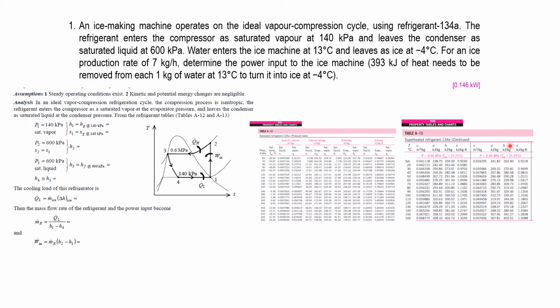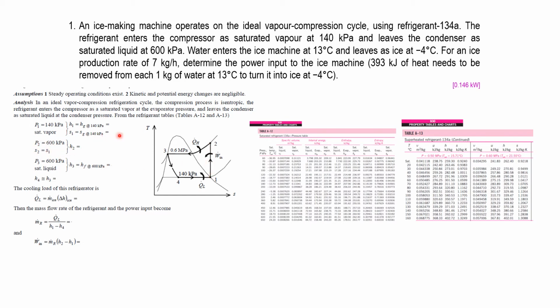So now how to find the value of H? If you still remember, we found the value of entropy here. Now if you look at your TS diagram, the entropy for point number 1 is the same as the entropy at point number 2. So these will have identical entropies, which is denoted here.